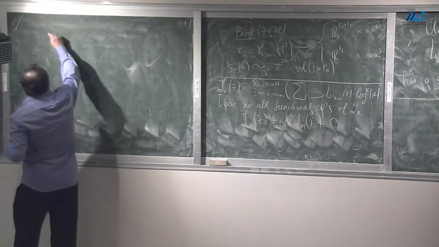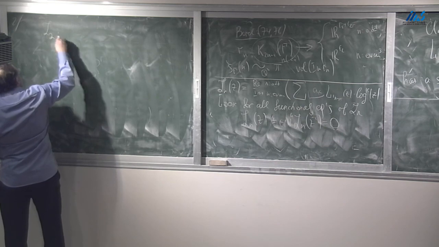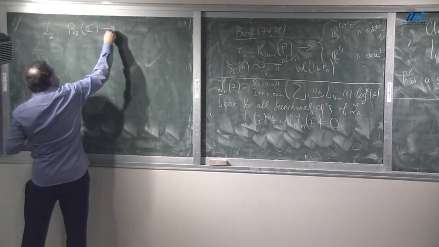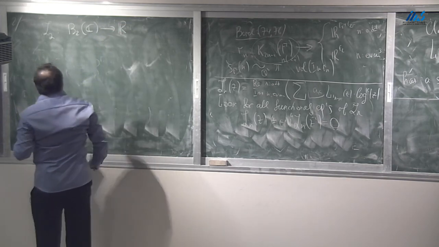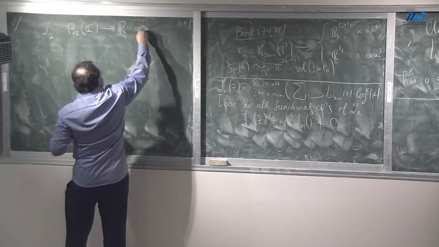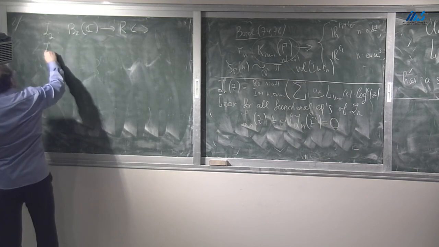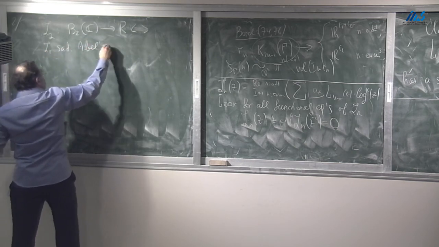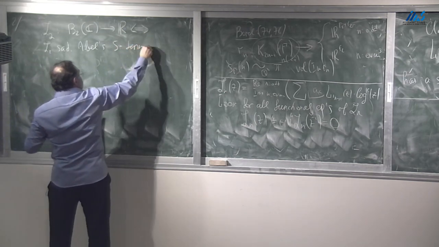If you take this function L_2, called the Bloch-Wigner function, it defines a map from B_2 of C to real numbers. This is not a cheap statement. This means that L_2 satisfies Abel's five-term relation.